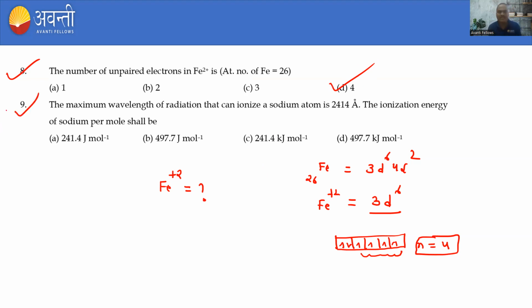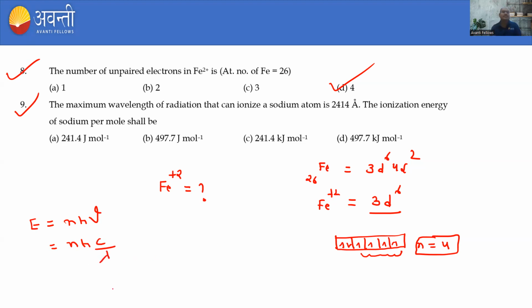The maximum wavelength of radiation that can ionize a sodium atom is 2414 Armstrong. You have to calculate the ionization energy of the sodium atom per mole. So we all know that energy is equal to N h mu, and mu is equal to C upon lambda.